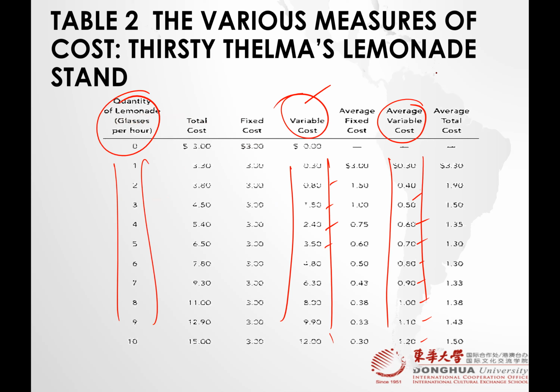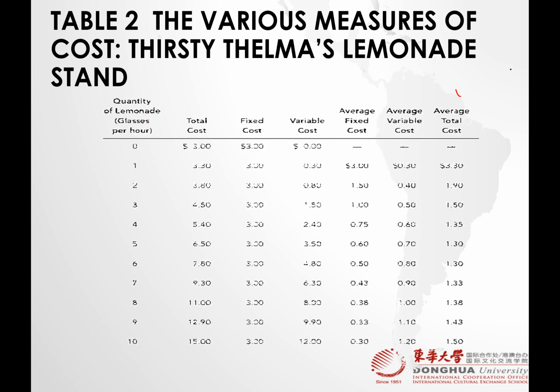How about the total cost? You see the total cost with the average total cost here. Let me remove this mess here. If you compare the total cost with the average total cost, you see here the total cost is increasing at every point with the level of output.